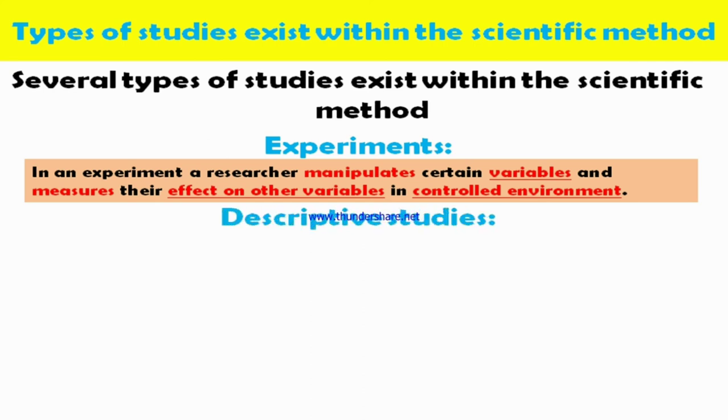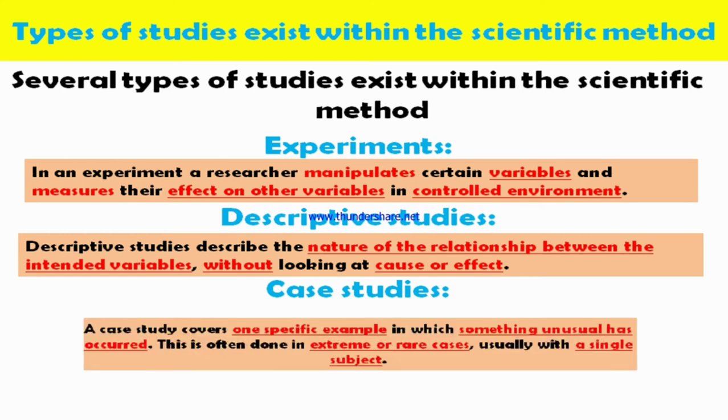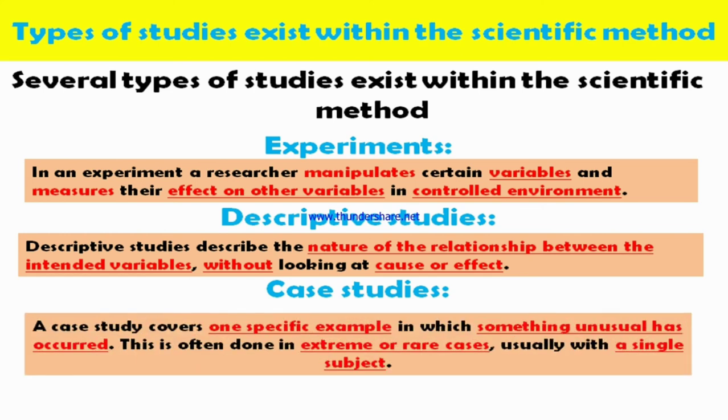The second one is descriptive studies. A descriptive study describes the nature of the relationship between the intended variables without looking at cause or effects. Now the third one is case study. A case study covers one specific example in which something unusual has occurred. This is often done in very extreme or rare cases, usually with a single subject.